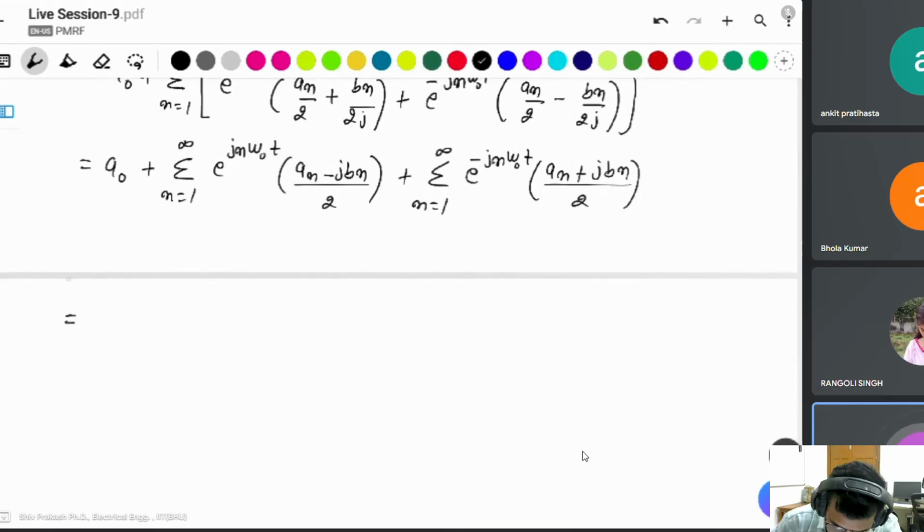Here x(t), the trigonometric Fourier series, is converted into a complex exponential Fourier series.